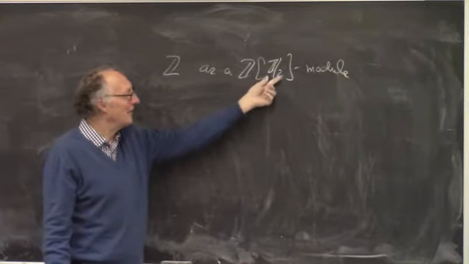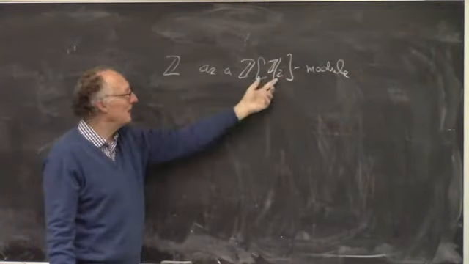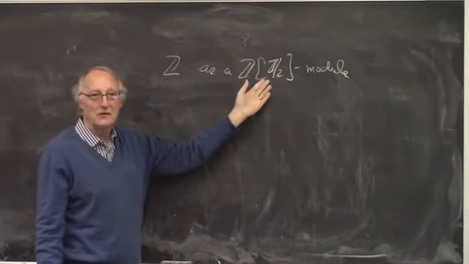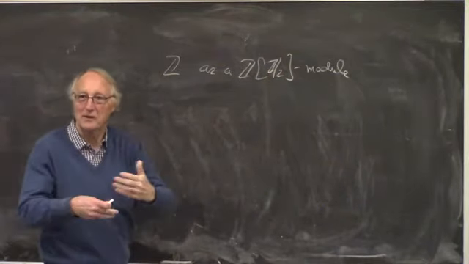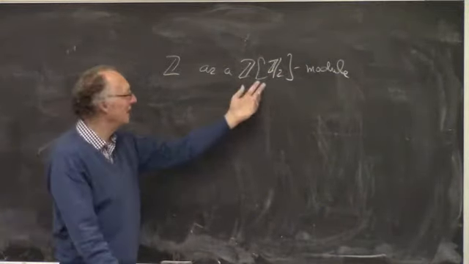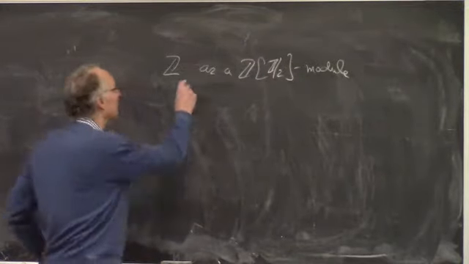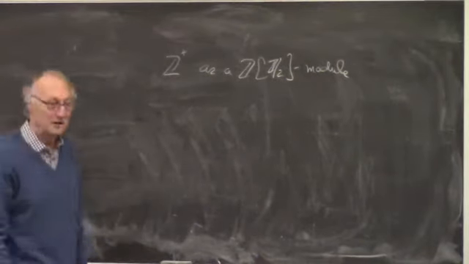And it depends how the non-trivial element in the group acts on Z. To make an abelian group a module over a group ring, you just have to say how the group acts on the abelian group, and it has to be an abelian group automorphism. So I need an involution of Z. Well, there are two of them, +1 and -1. This is the +1. So this is the trivial module. Okay?